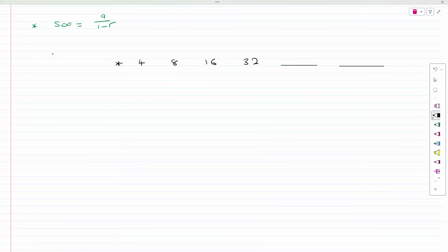This is part 1, so it's not even the sum. It's just the basic part. What I would do is look at this and say, term 2 minus term 1 is 4. Term 3 minus term 2 is 8. And term 4 minus term 3 is 16.